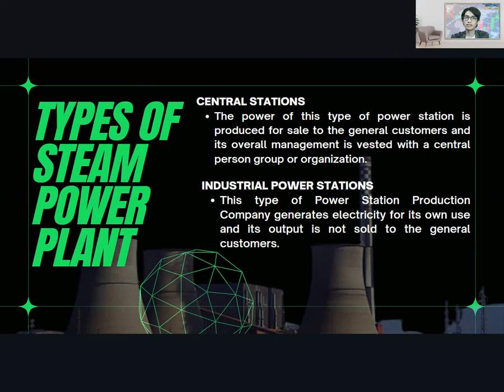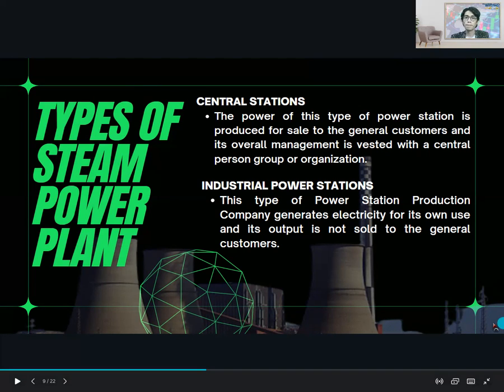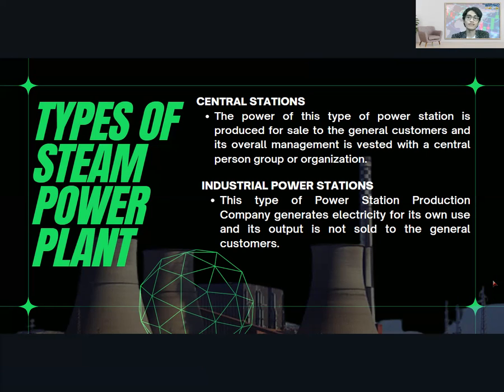For example, some industrial establishments need a high capacity of electricity, so they need their own plant, where the electricity just circulates within them. So it is not for sale to general customers. The central station is for sale, and the industrial power station is not for sale. That's the key point.